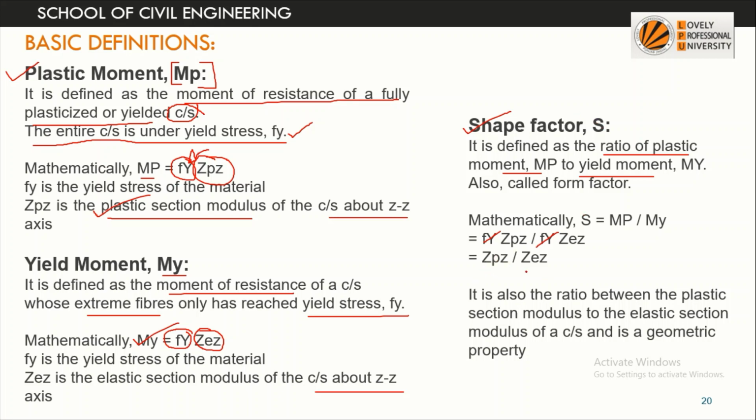We will always find this value to be greater than 1. It is the ratio between the plastic section modulus and the elastic section modulus of a cross section, and it is a geometric property in plastic analysis. Like we use Ze in elastic design, we use the Zp value in plastic design.